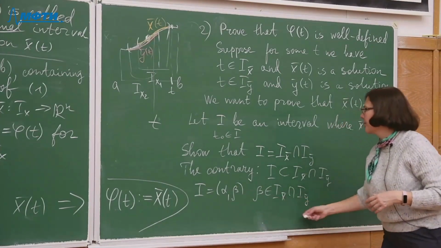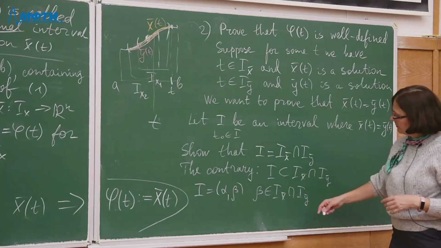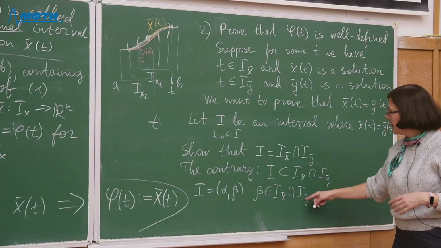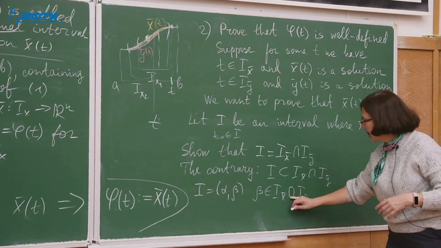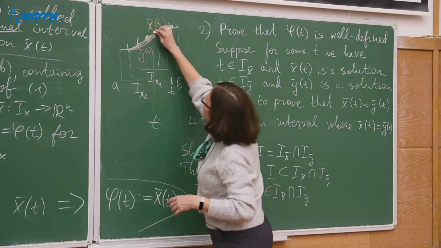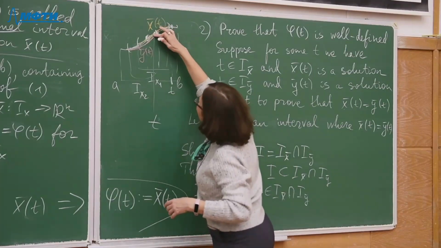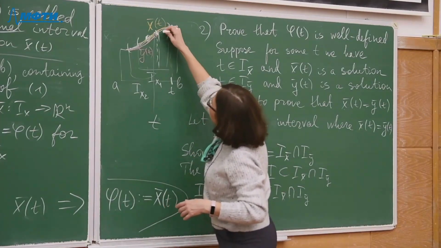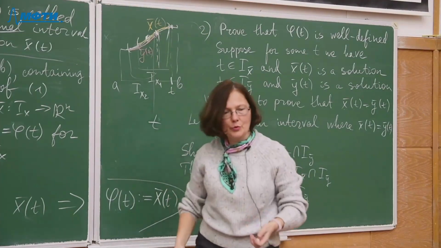Suppose beta doesn't coincide with the endpoints of these intervals, right? So beta is somewhere here. This is beta, and it is different from the endpoints.